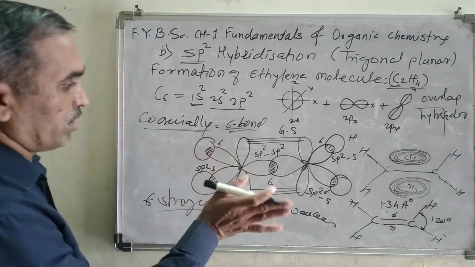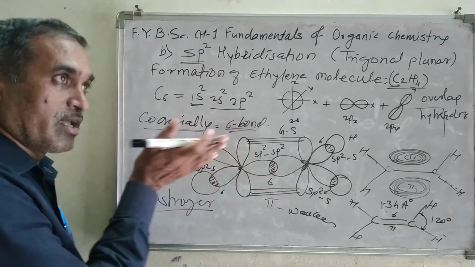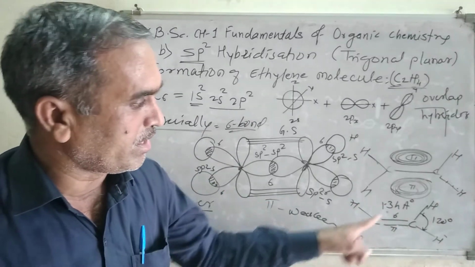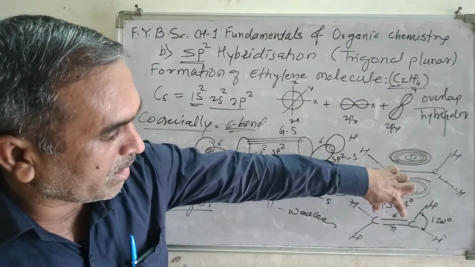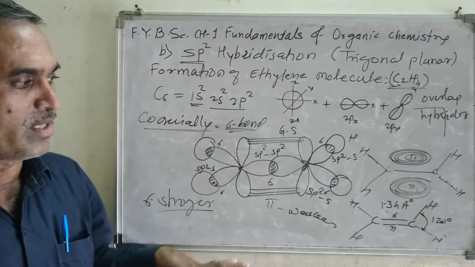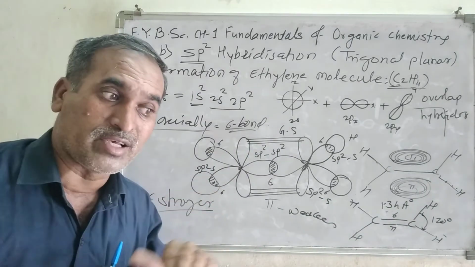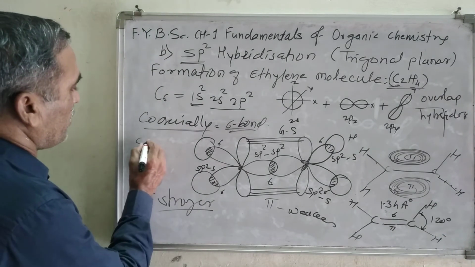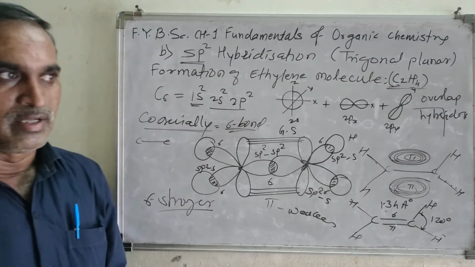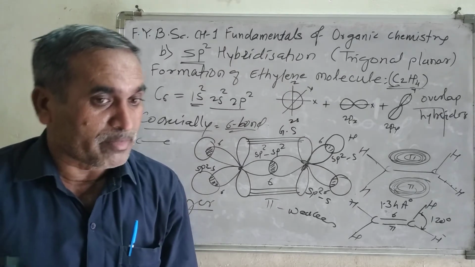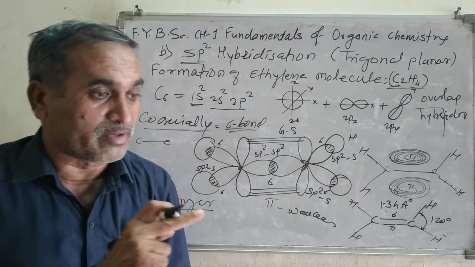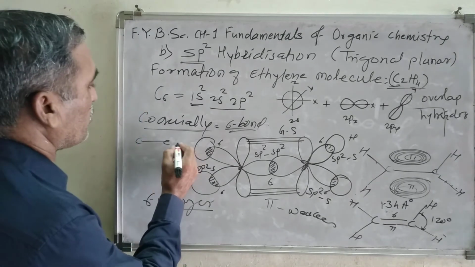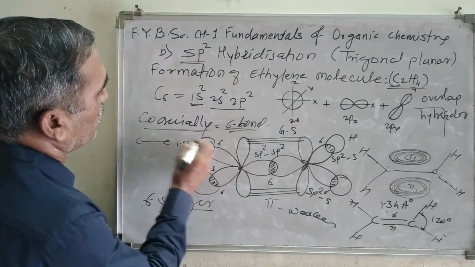And what we have seen in the previous case, in the ethane molecule, if you observe carefully, is whether the carbon-carbon bond length is shorter or longer compared with the carbon-carbon single bond. The bond length of a carbon-carbon single bond is found to be 1.54 angstrom, right?